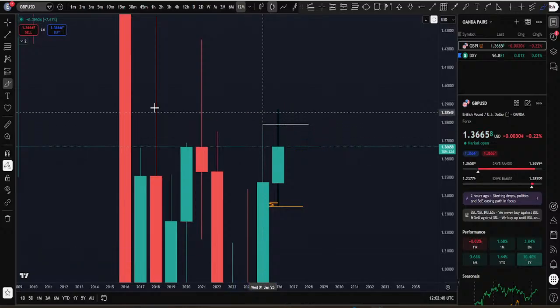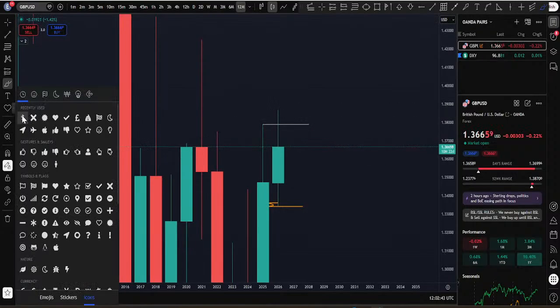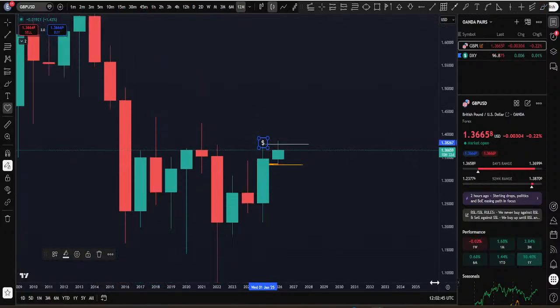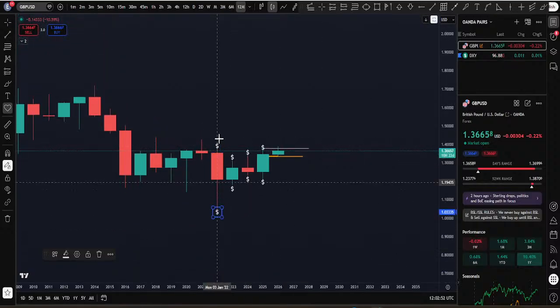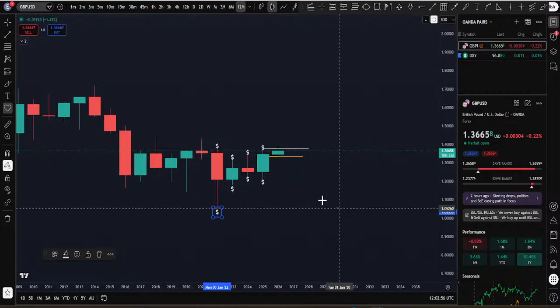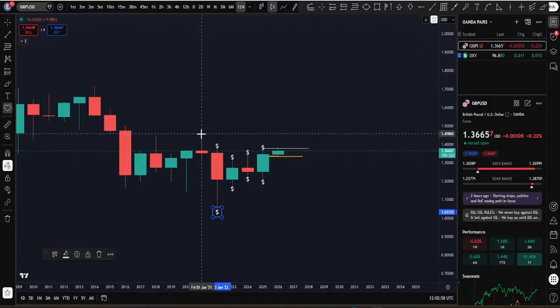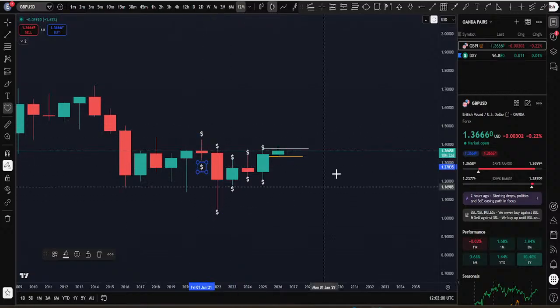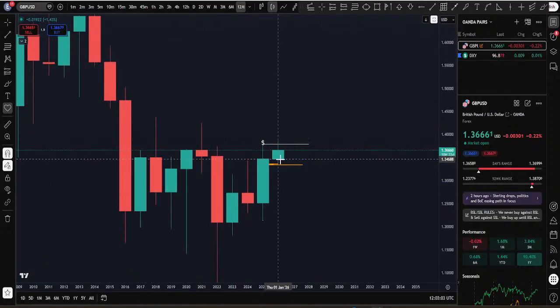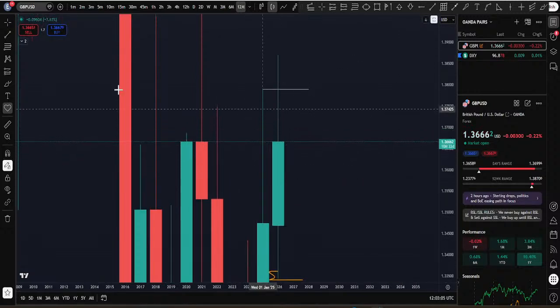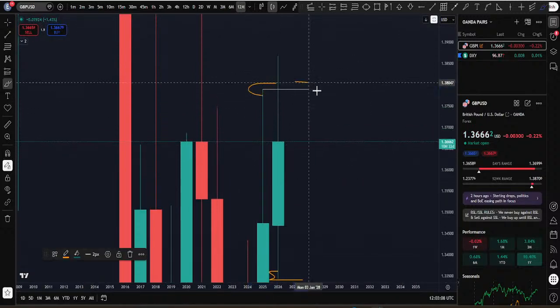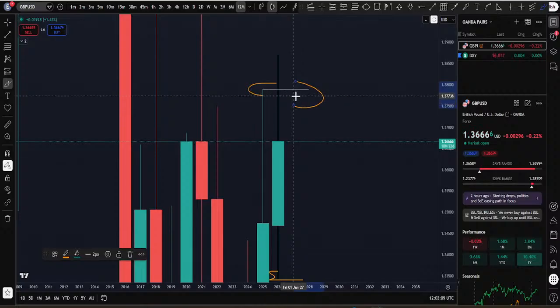Now, please understand, liquidity rests above the highs and below the lows of each candle, no matter what session you're in. So price has taken out the previous 12-month high, and that is a liquidity level. Price tends to turn around at these levels.